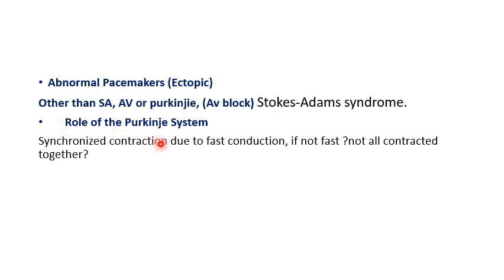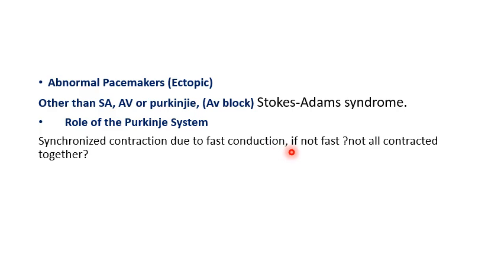The role of the Purkinje system. As we discussed before, conduction in the Purkinje system happens very fast, and that allows the whole ventricle to be depolarized instantaneously, which makes the contraction happen nearly at the same time. Due to the fast conduction, that's very important for the force of the heart.